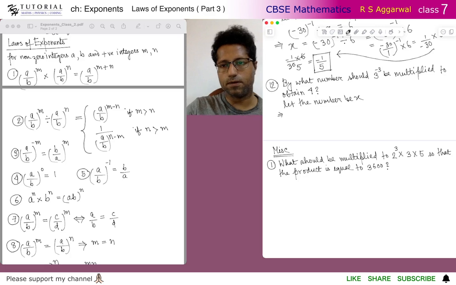According to the problem statement, this means 3 to the power minus 3 when multiplied with x gives 4. So from here we can solve x, this implies x equals 4 divided by 3 to the power minus 3.